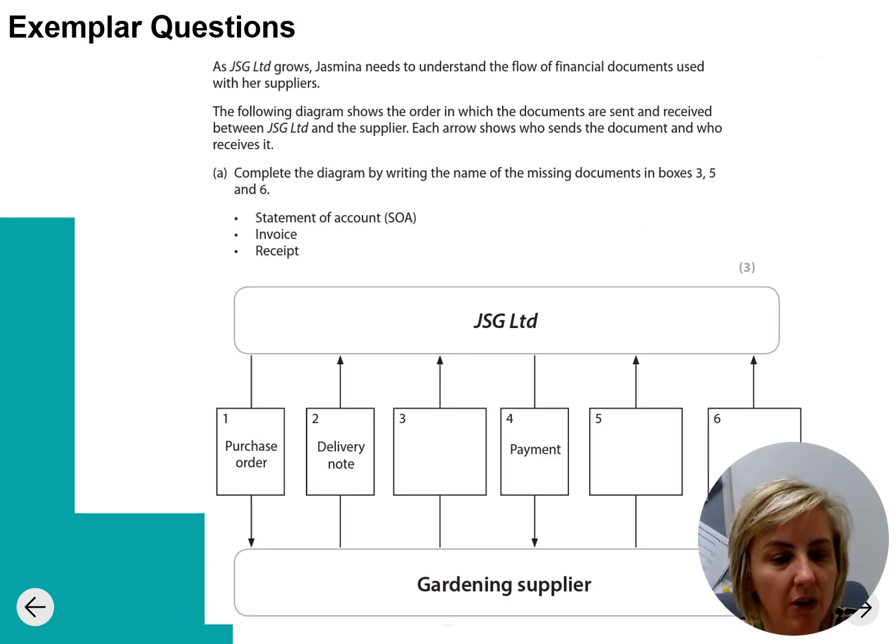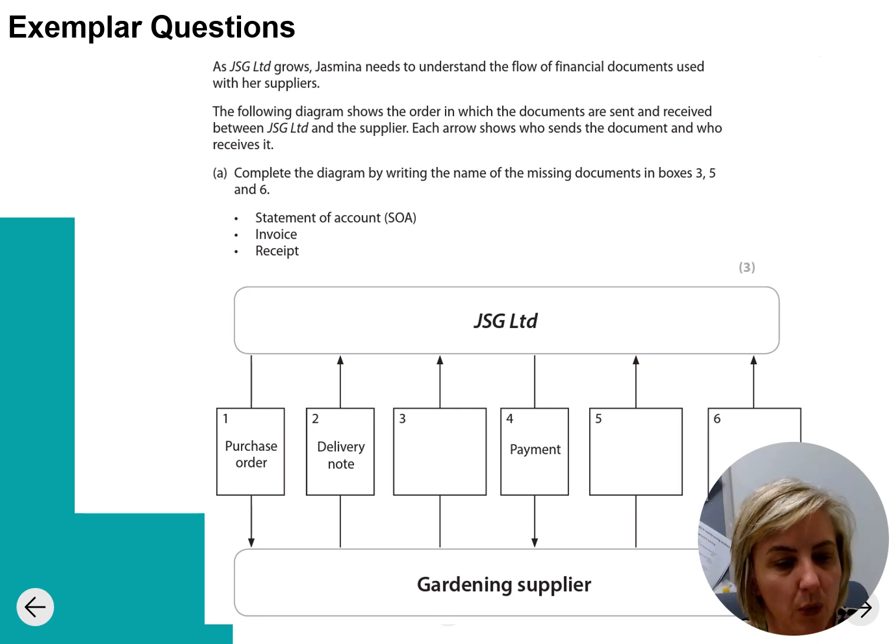Here's an example of one of the questions that generally is the first in the exam paper off the back of a scenario, in this case around JSG Limited growers. It asks them to add the financial documents into the flow diagram here in the order in which they come, invoice, receipt and statement of accounts being the last one that they would have.